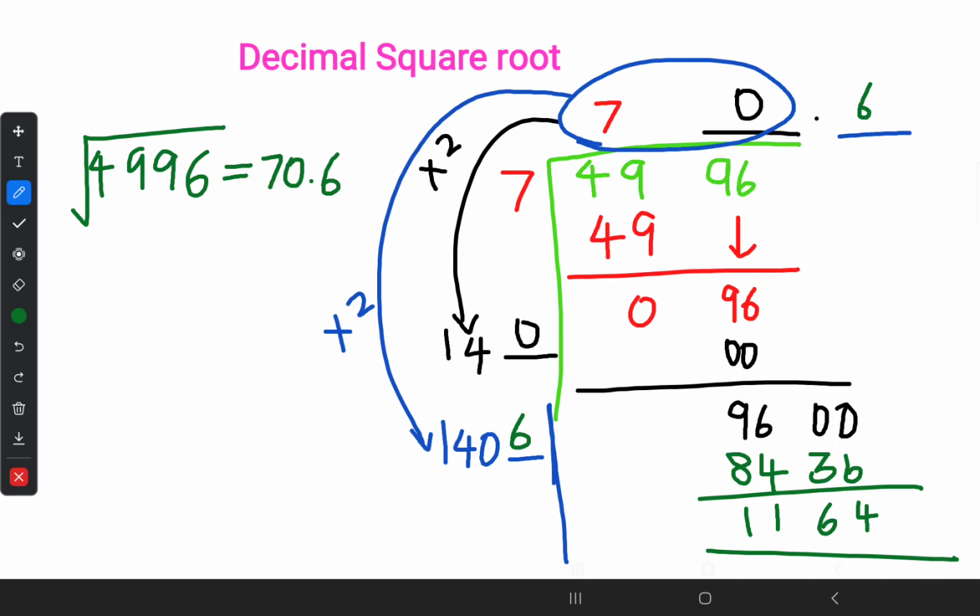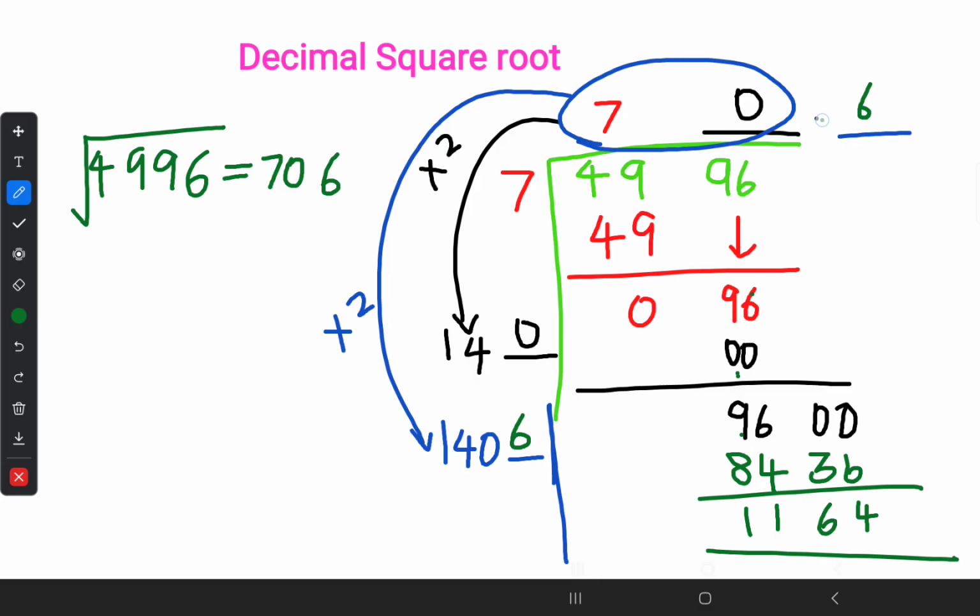Because here we have a remainder of only 96, we don't have any possible numbers to multiply here. That's why we place 0. 140 into 0 is 0, so 96 minus 0 is 96.